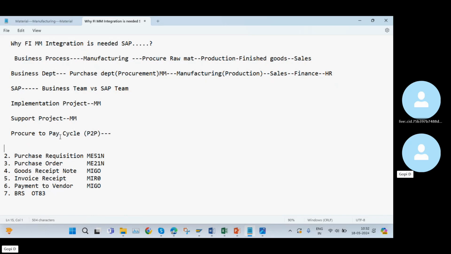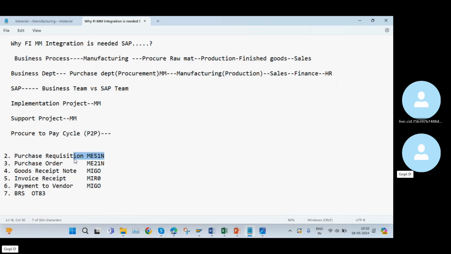Usually our procure to pay cycle starts with the purchase requisition, purchase order, goods receipt, invoice receipt, payment to vendor, and finally BRS. From the finance point of view, and not only finance, from any point of view, the procure to pay cycle is this one only.